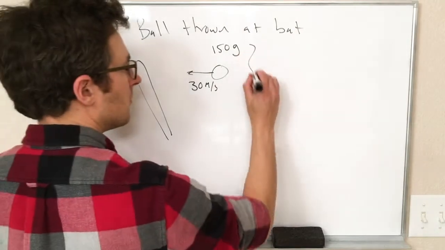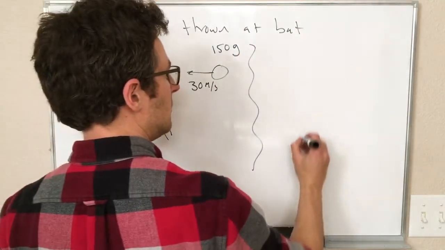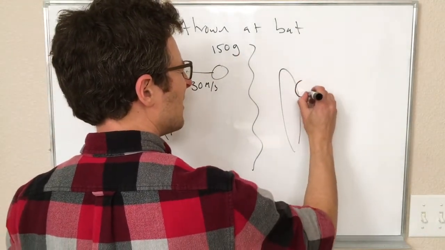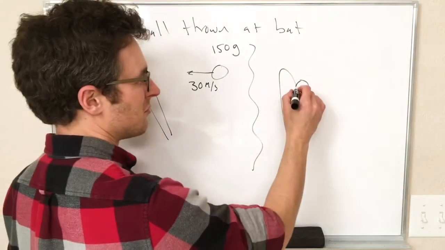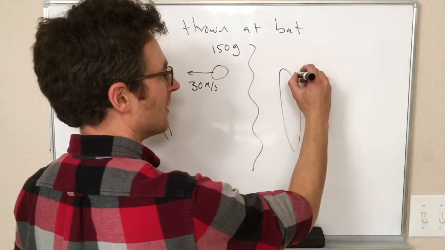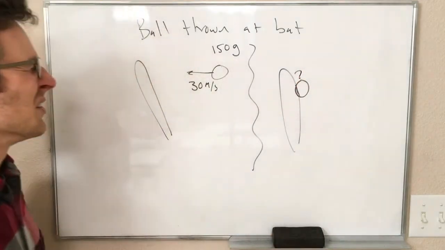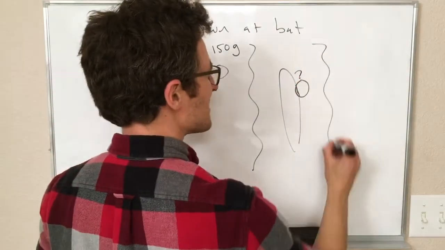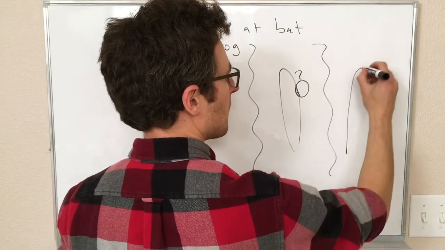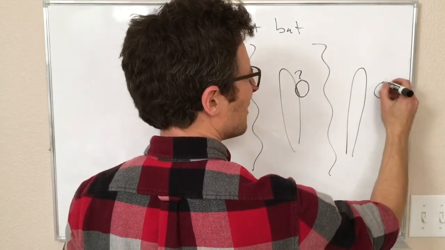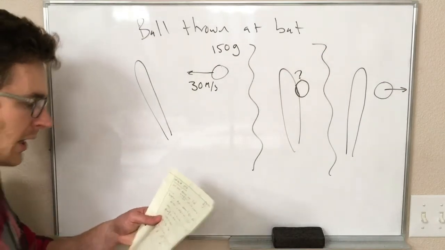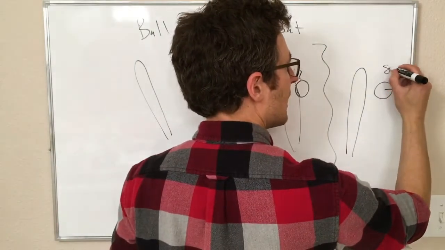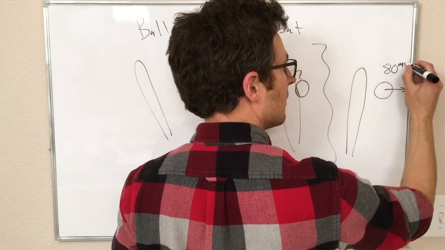Okay, so some amount of time later, our bat is hitting the ball. There's some force happening here. We don't know the details. And then some amount of time later, our ball is now going off to the right, and we'll say it is traveling at 80 meters per second.